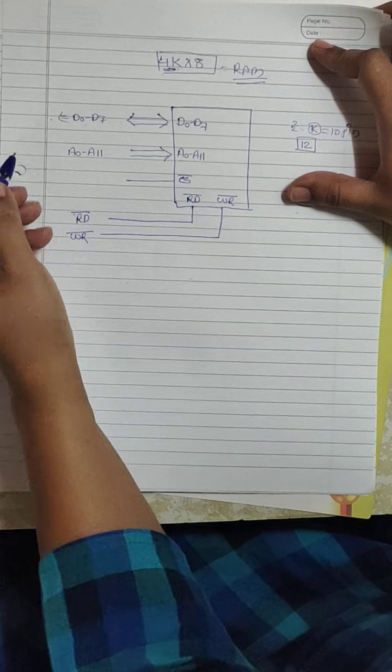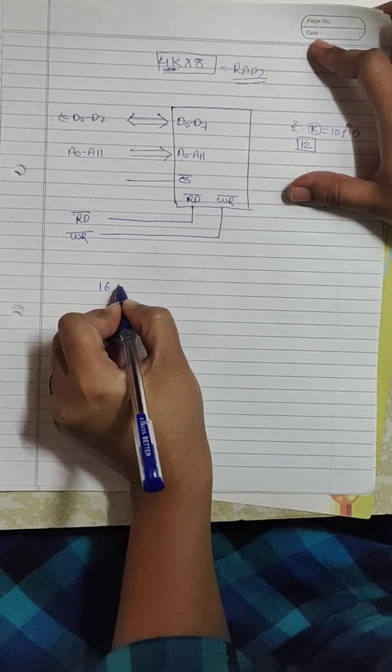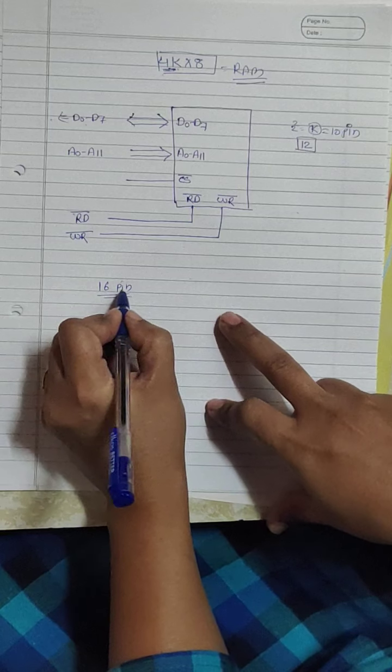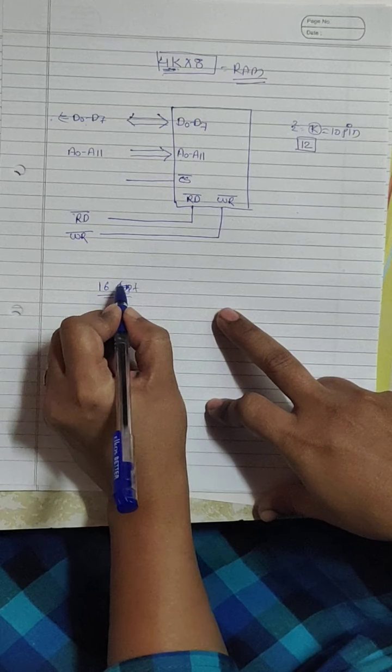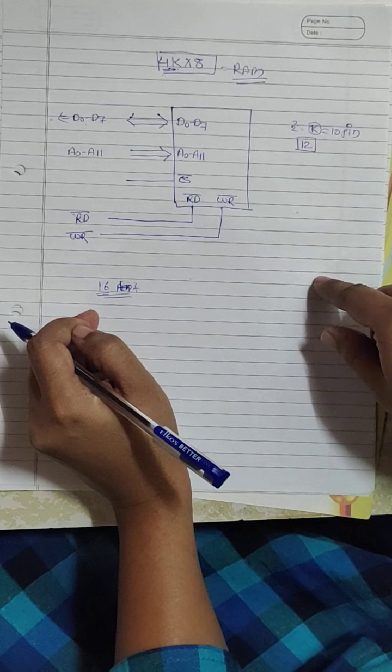Our microcontroller has 16 address pins, that is, the address bus of the microcontroller is 16 bits, A0 to A15.